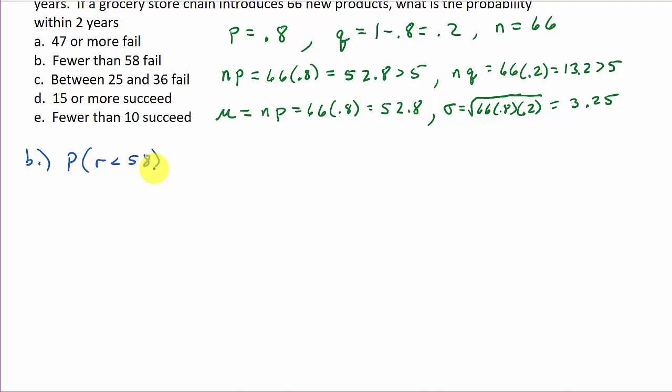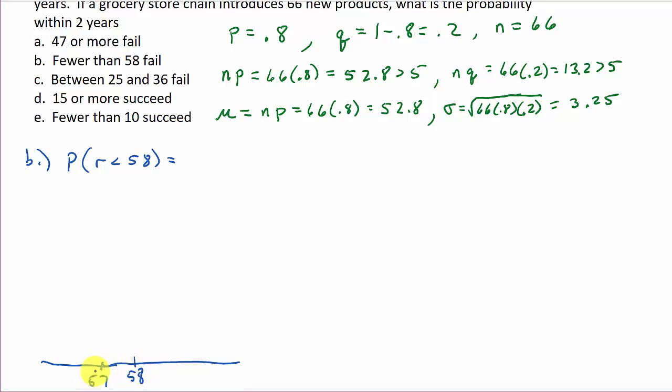You don't really have to, but I think it makes it easier to use your continuity correction. I like to do this. Let's just come down here and put the 58. Now I want to do less than that. So right here would be 57.